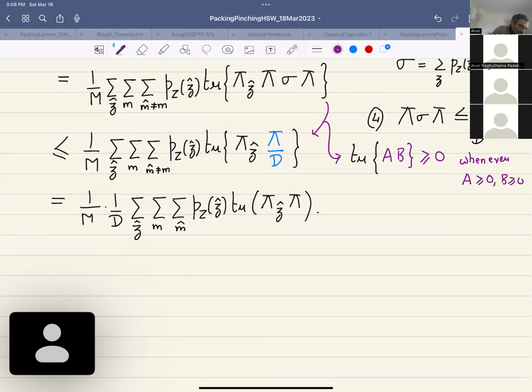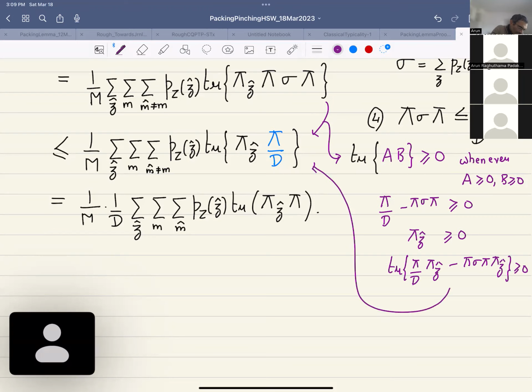So this is true. And since pi by D minus pi sigma pi is positive and pi Z hat is positive, I can say trace of pi by D times pi Z hat minus pi sigma pi Z hat is positive, and so you'll get this step.